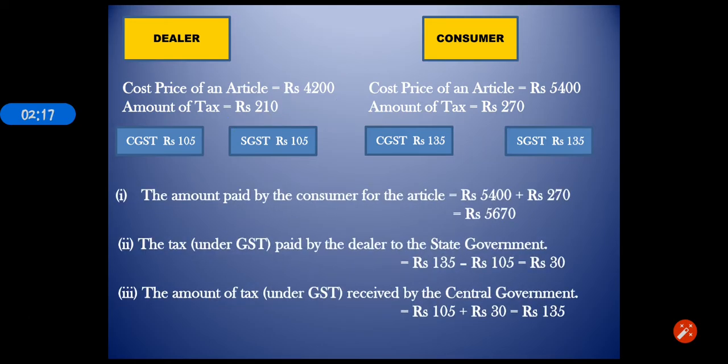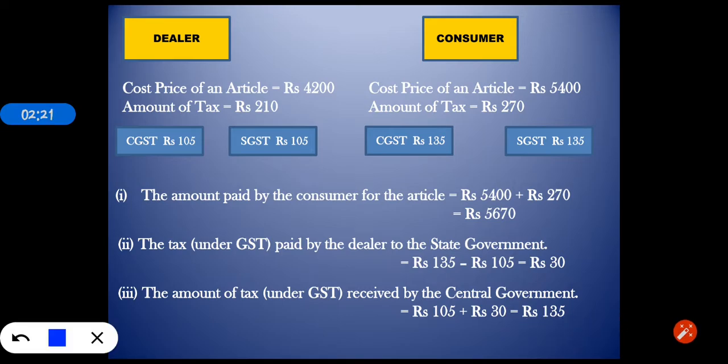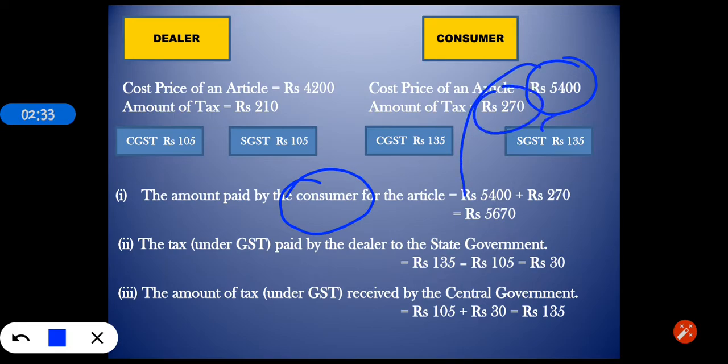Now the calculation part. Question number 1 says that we need to calculate the amount paid by the consumer for the article. So its cost price is 5,400 plus tax 270. When I add these two, I'll get 5,670.